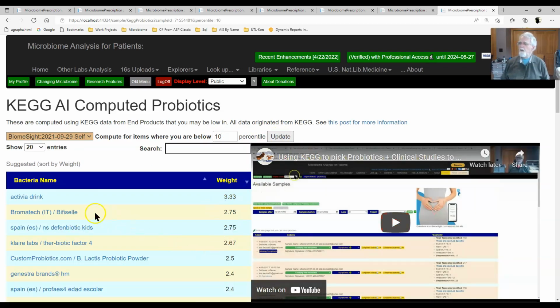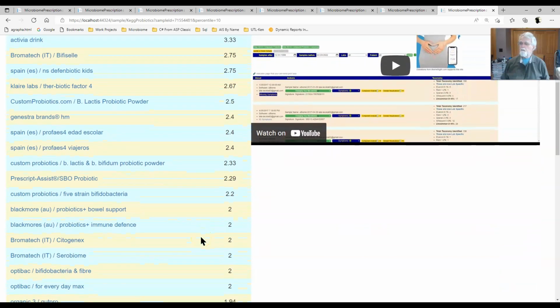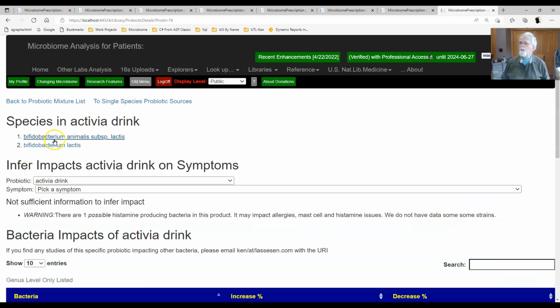And there we have things, and Activia, which is a probiotic, so you can see things there. And the highest rate is basically Activia. Probably Bacillus lactis is the item that does it, but actually this one, if you click through, you can see there it is. We have two things in there, and the combination of them evidently is good benefits.